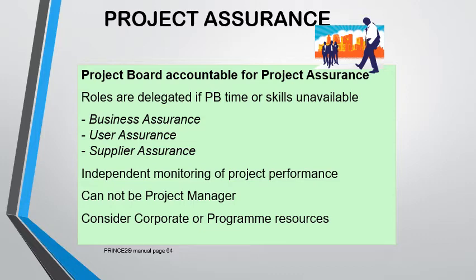Now take note, these people do independent monitoring of the project performance on behalf of the project board. They cannot be the project manager, they cannot be the team manager, and they cannot be project support. They can also have access to the resources provided by corporate or program.